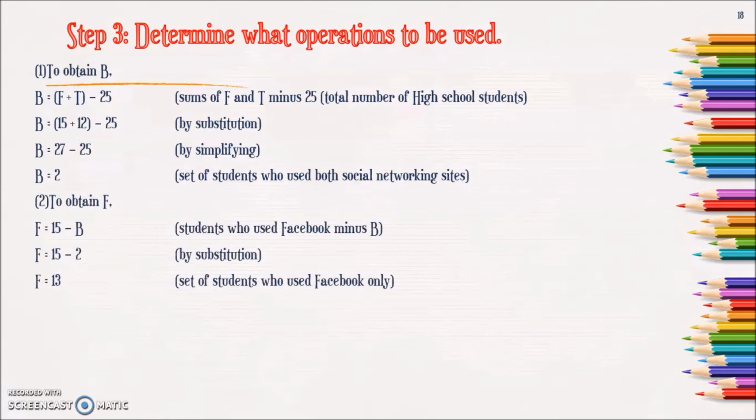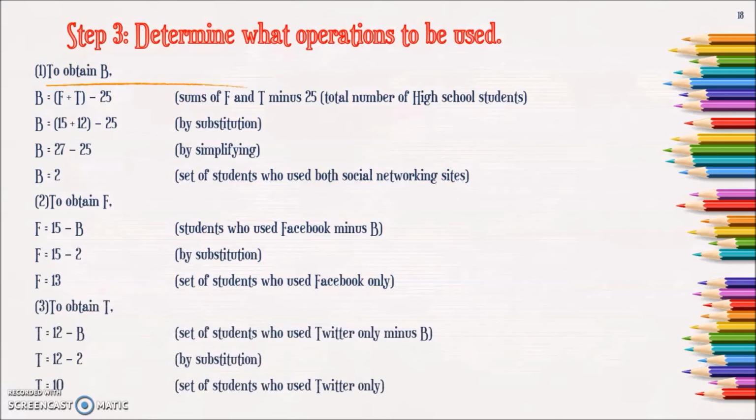Next is to obtain F, or the users of Facebook only. F is equal to 15 minus B. These are the students who use Facebook minus B. F is equal to 15 minus 2 by substitution. And F is equal to 13. 13 is the set of students who use Facebook only.